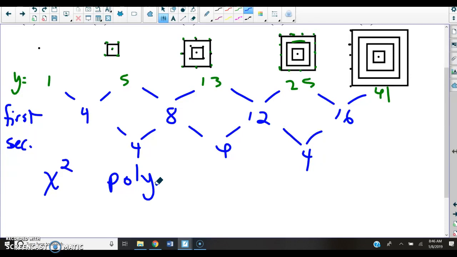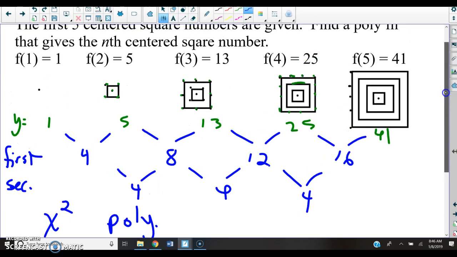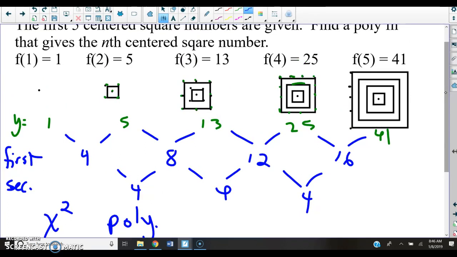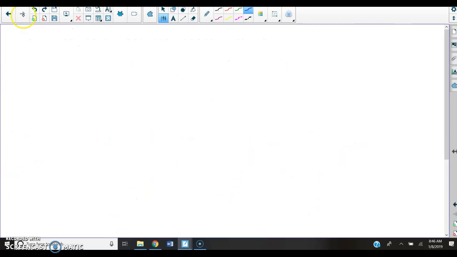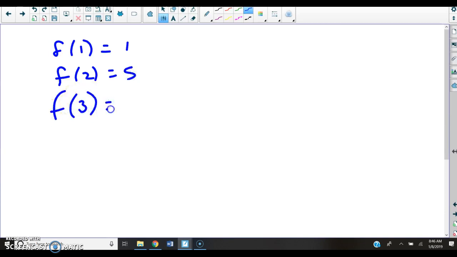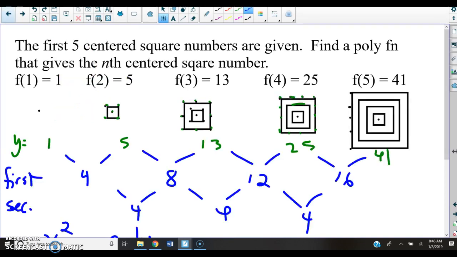Now, I think we've done enough work in the past that we can figure this out. I'm going to add a page. Okay. F of 1 is 1. F of 2 was 5. F of 3 was, what was that? 13.